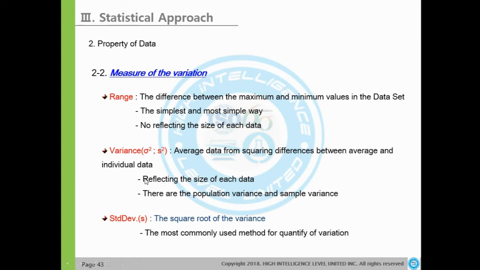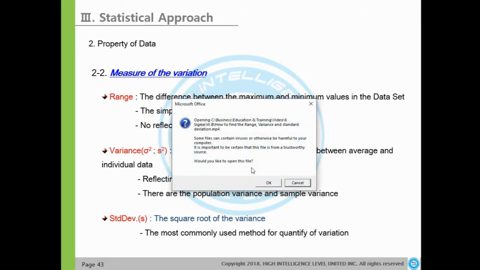Because when you handle a data set, not only 10 or 100, but thousands or millions, in that case the variance is a huge number. So we prefer to minimize it. So we use the standard deviation. Let's see more.